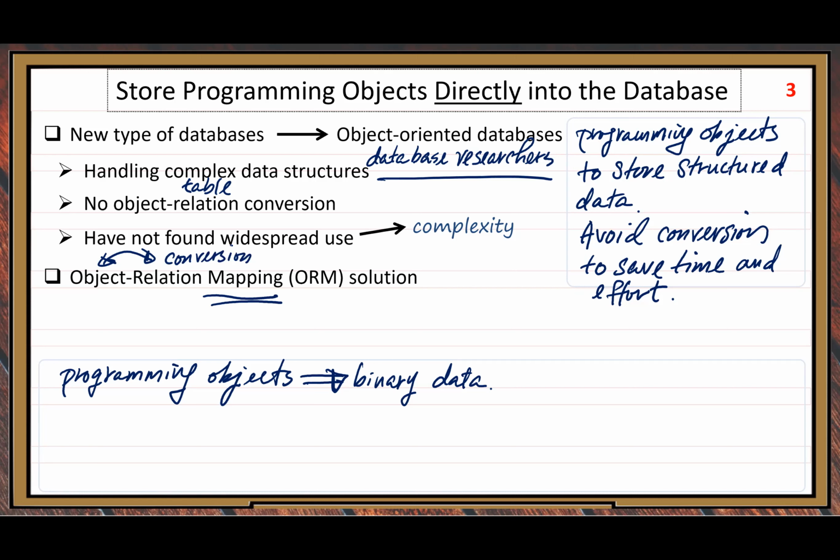Remember, those researchers wanted to avoid conversions in their original idea. But an improvement is to not avoid conversions. That means we are willing to pay the effort of conversions.